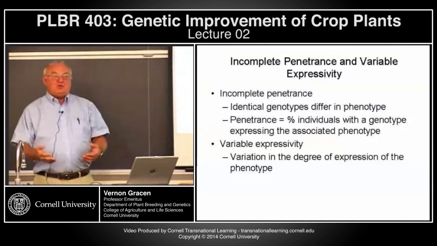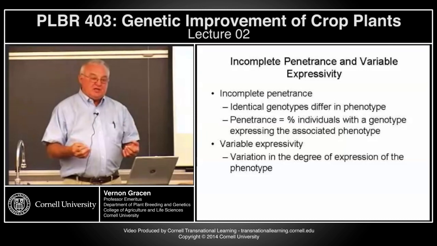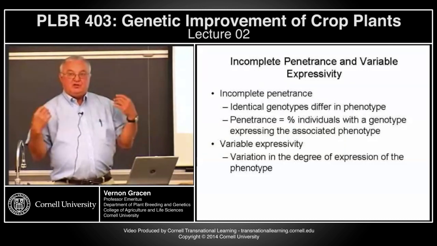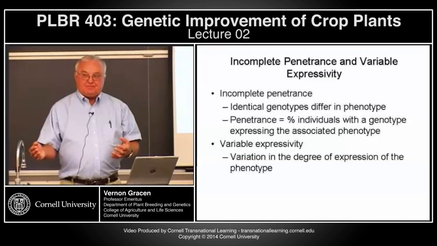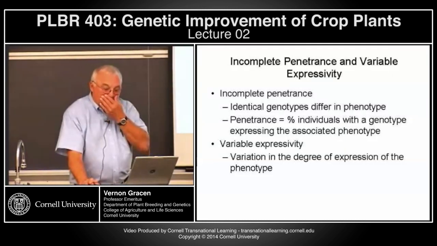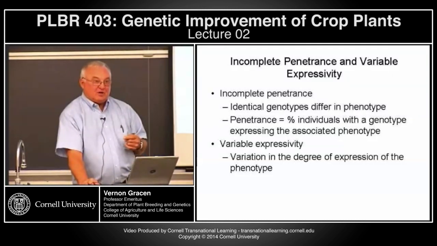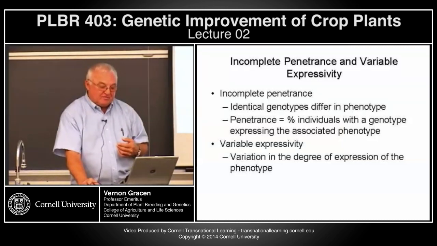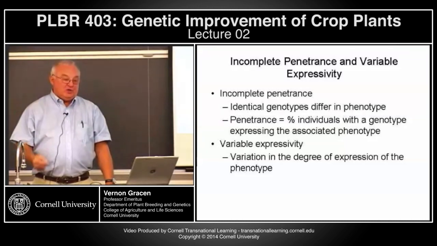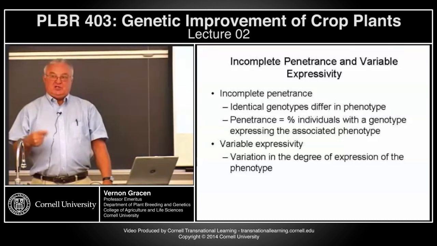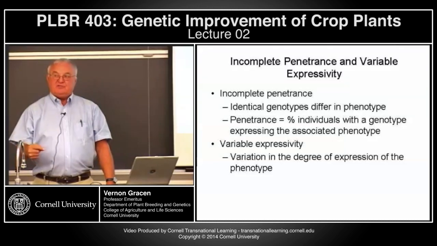And we measure penetrance by saying it's the percent of individuals within a genotype that express the associated phenotype. I'll give you some examples of these in a minute. When we talk about variable expressivity, it's the degree to which a genotype is expressed in a phenotype.